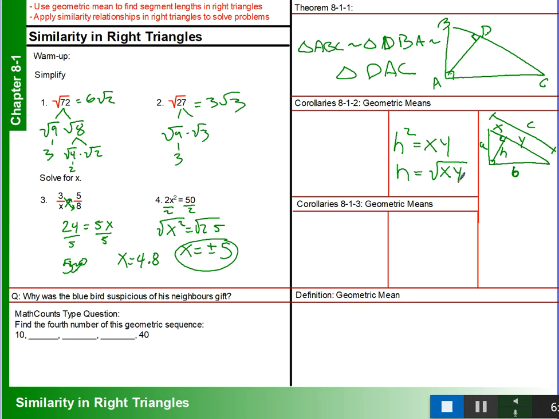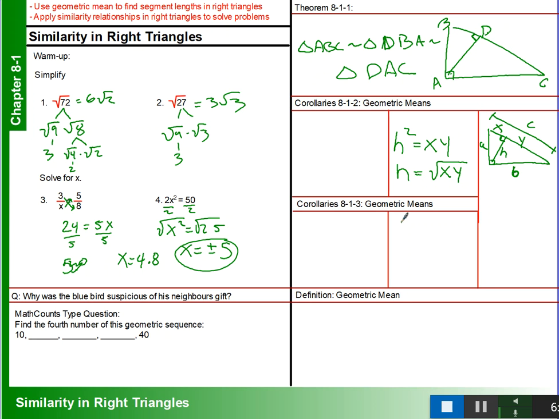For 8-1-3, we have a similar geometric mean, where the length of a leg of a right triangle is the geometric mean of the lengths of the hypotenuse and the segment of the hypotenuse adjacent to the leg. That's a lot of words. I think an equation or a diagram would make more sense.